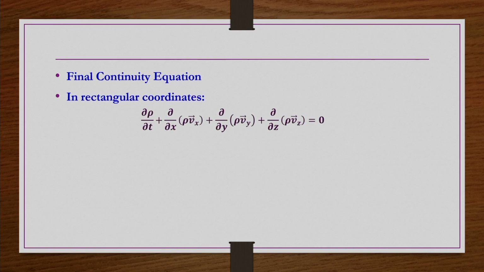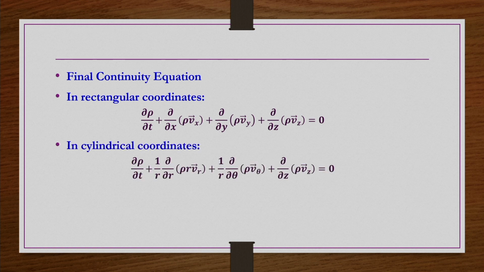So, now we are listing this continuity equation in rectangular coordinates. What we derived is nothing but ∂ρ/∂t plus ∂/∂x of ρv_x plus ∂/∂y of ρv_y plus ∂/∂z of ρv_z is equal to 0. The same thing in cylindrical coordinates, if you do, you get ∂ρ/∂t plus 1/r ∂/∂r (ρ r v_r) plus 1/r ∂/∂θ (ρ v_θ) plus ∂/∂z of ρv_z is equal to 0.